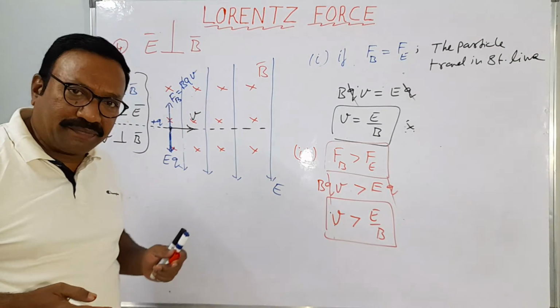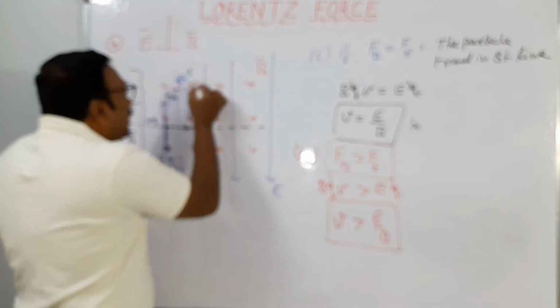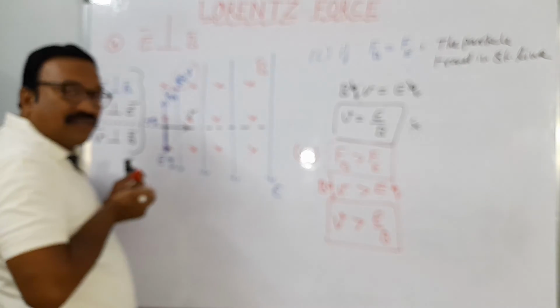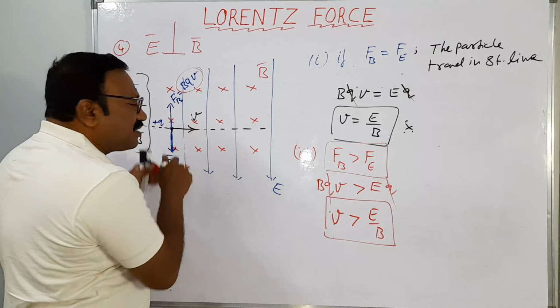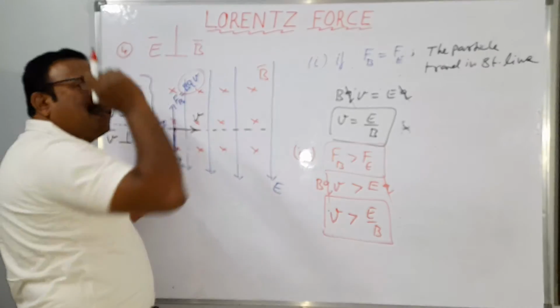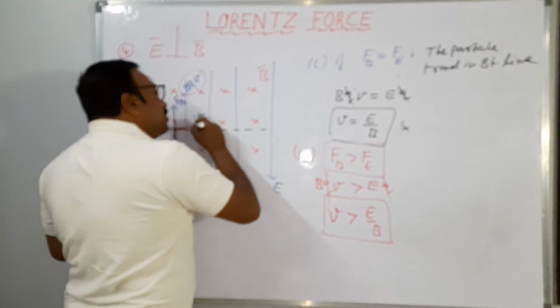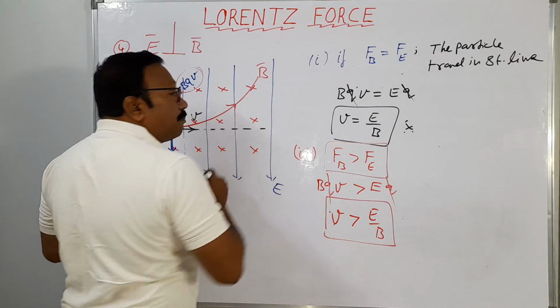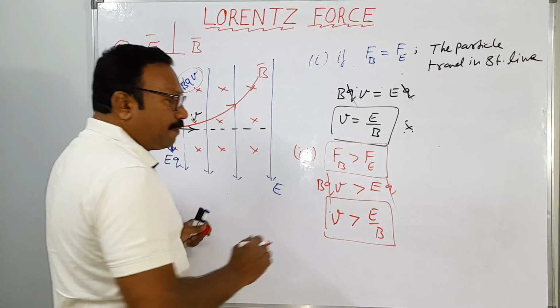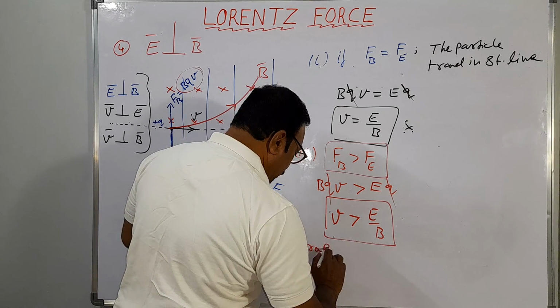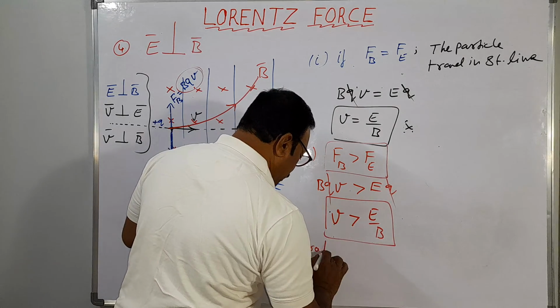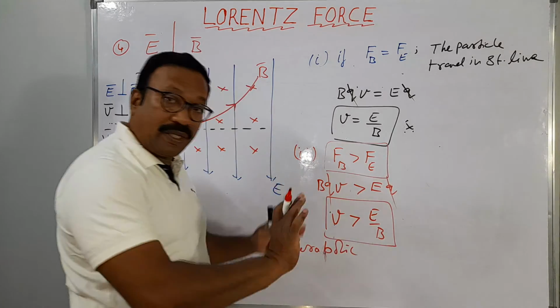This force is dominating over the other force, therefore the resultant force will be acting upward. For example, this is 10 newtons, this is only 5 newtons. The resultant force will be acting in the upward direction. Now the particle will go like this, in a parabolic path.